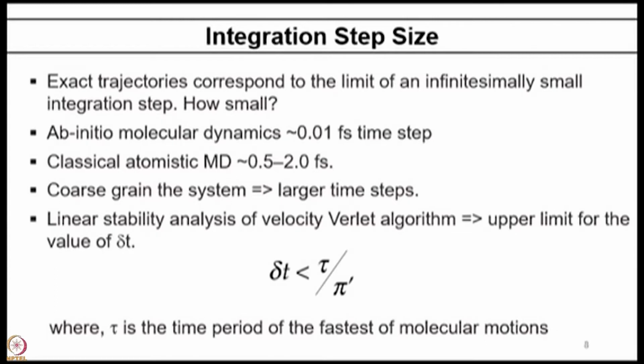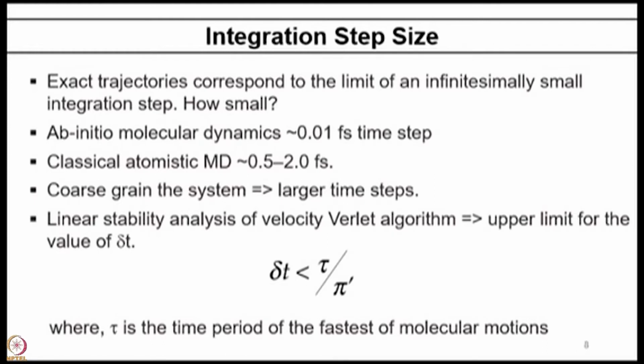Ab initio molecular dynamics simulation, where you solve time dependence, has an exceedingly small time step because of the quantum degrees of freedom and quantum coherence. So these simulations cannot be done easily for more than a few, even now, a few picoseconds, a few tens of picoseconds.